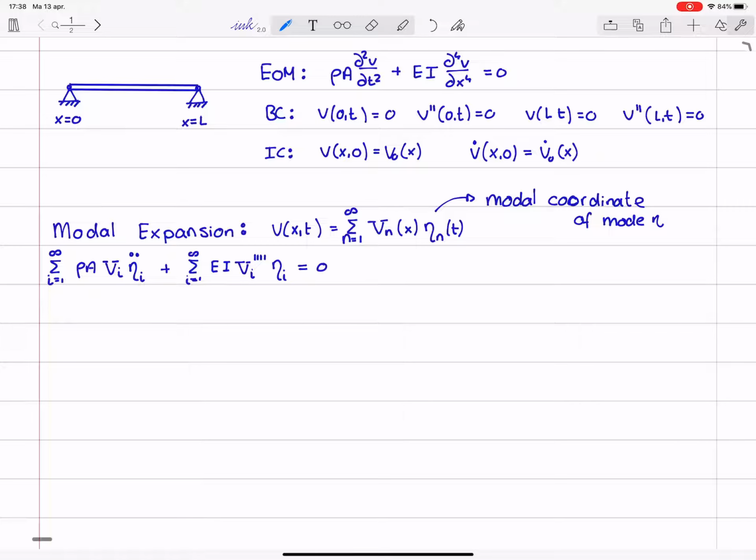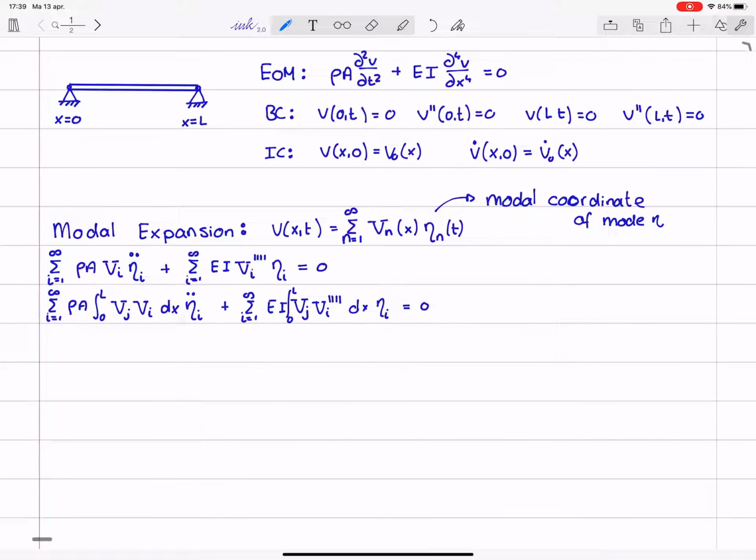Let me now multiply by Vj and integrate, such that we have this infinite sum of rho A times the integral of Vj times Vi dx. Eta i double dot can be taken outside of the integral, plus the infinite sum of EI times the integral of Vj times the 4th derivative of Vi dx, times eta i, equal to 0.